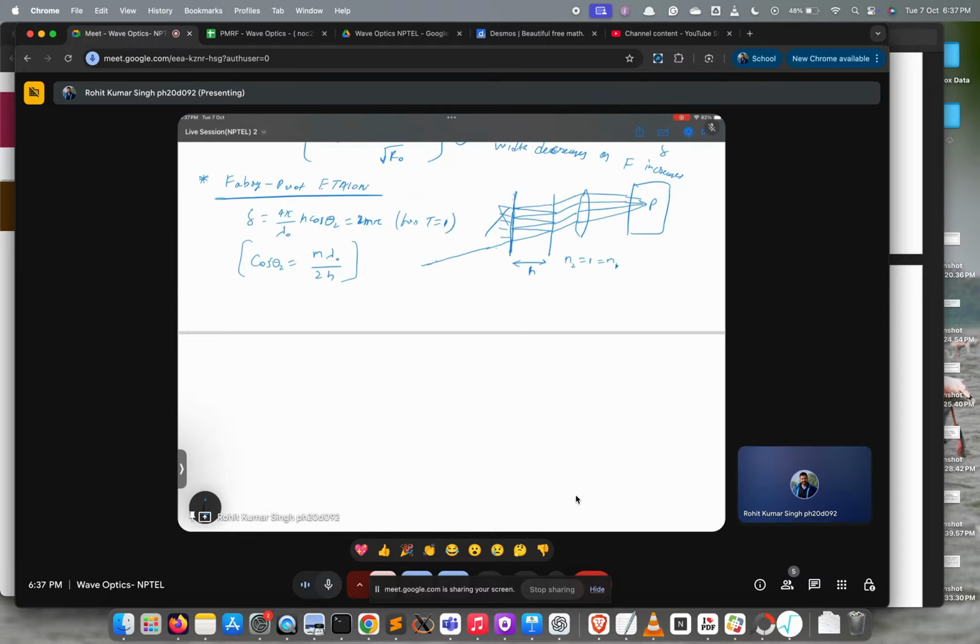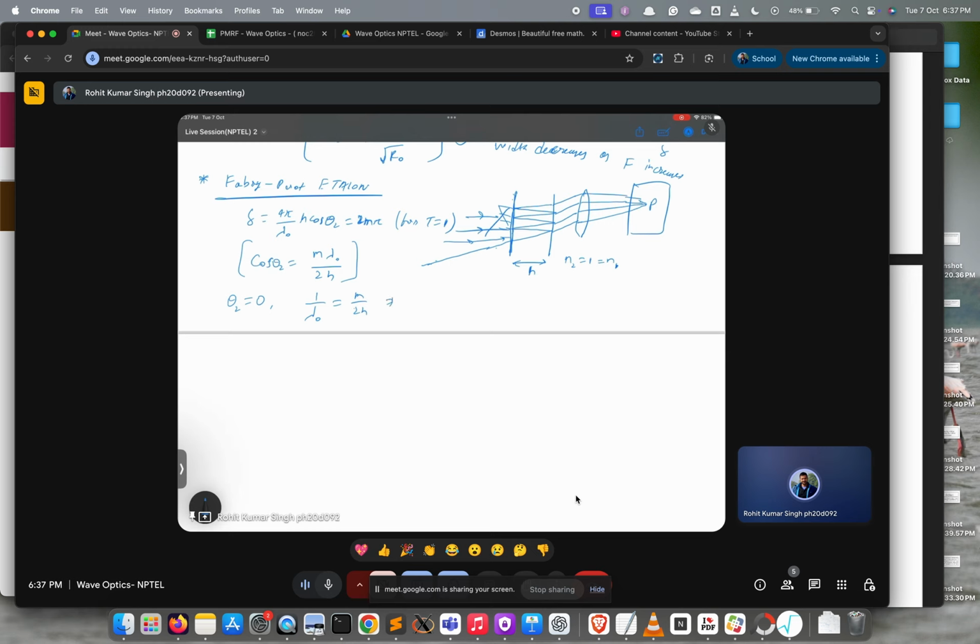For simplicity we can study normal incidence, so that the light we are putting here is normal to the plate. We now assume theta equal to 0, and this formula gives 1 by lambda naught equal to m by 2h.